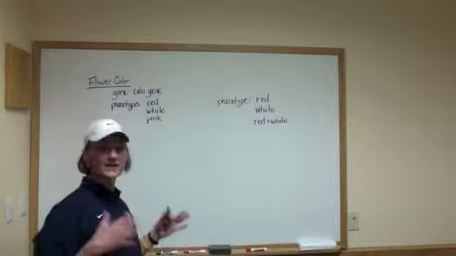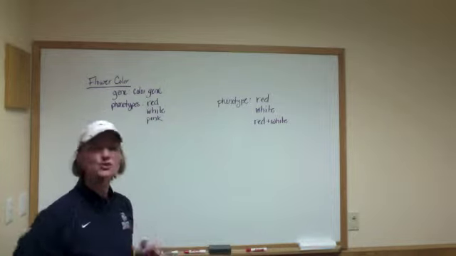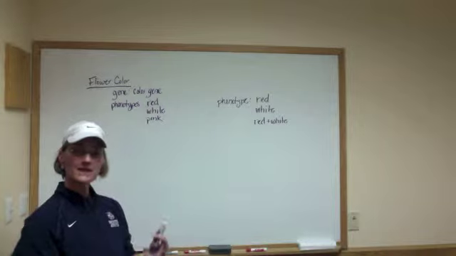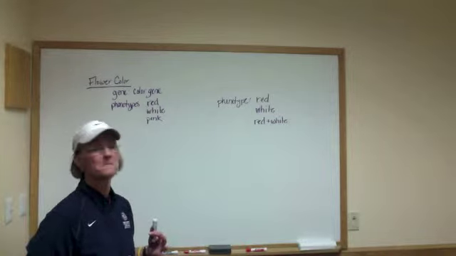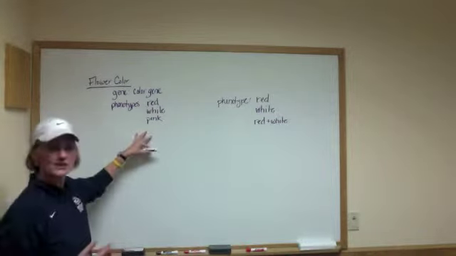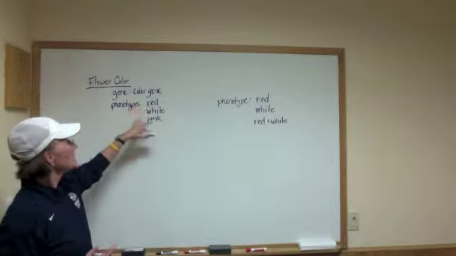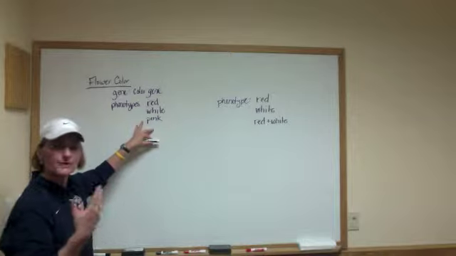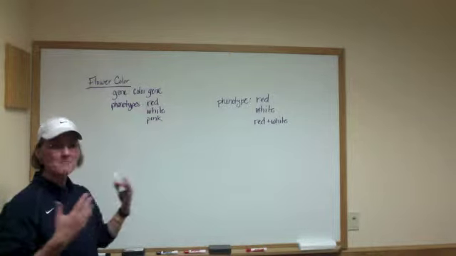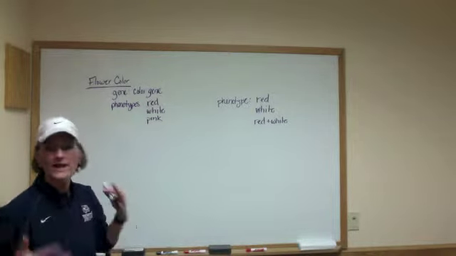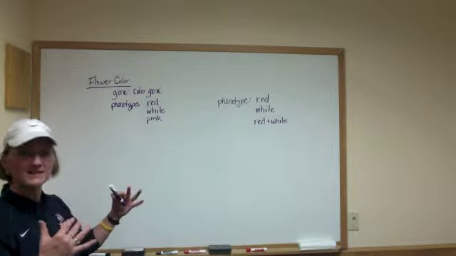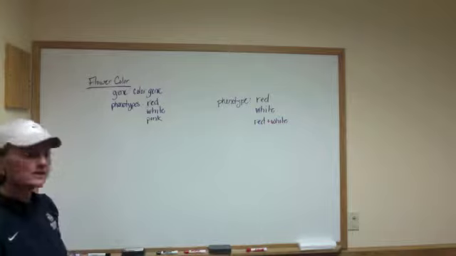One is called incomplete dominance, where neither trait is really dominant, and both end up kind of blending into a new phenotype. And that's actually the situation here, where the pink isn't red, it's not white, it's a brand new phenotype. The pink and the white and the red were not powerful enough to overpower or both be seen. So this is what we call incomplete dominance.